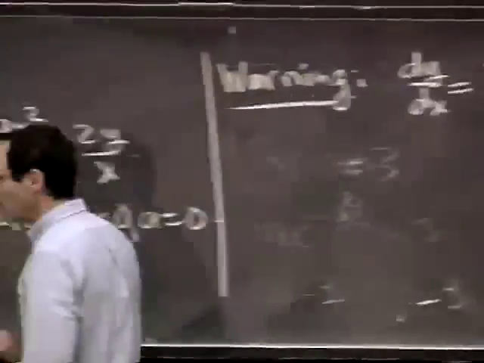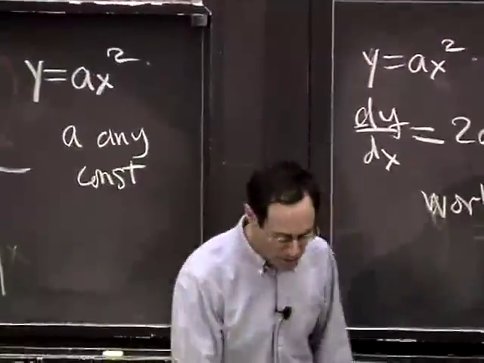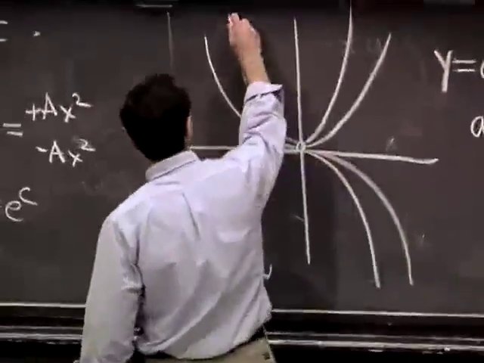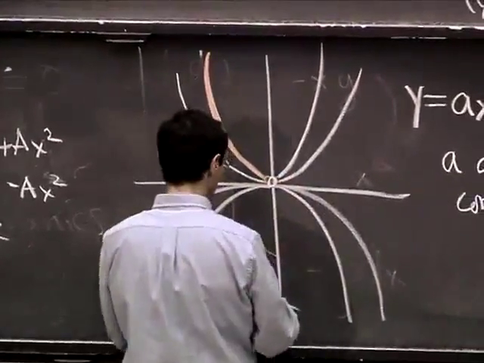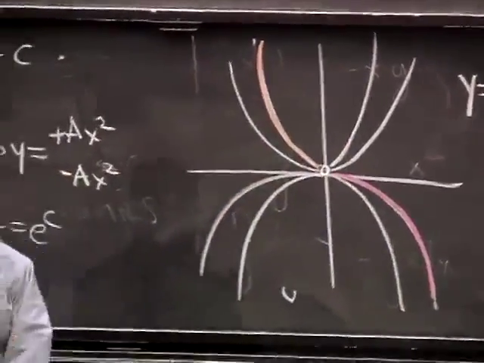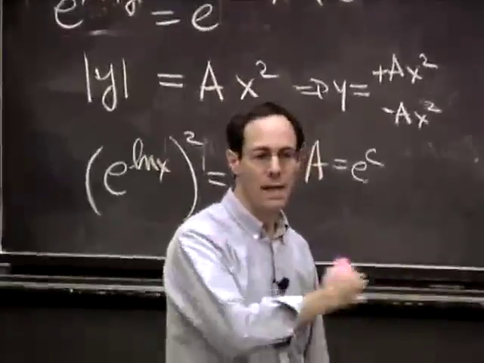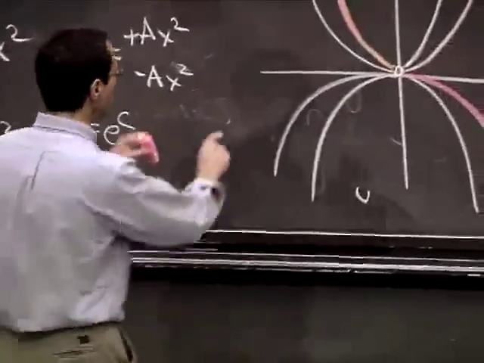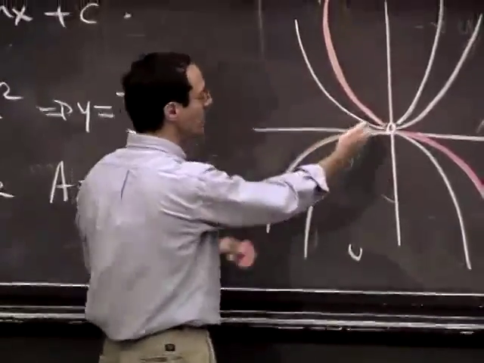So there's a problem here, and in fact, if you think carefully about what this function is doing, it could come in on one branch and leave on a completely different branch. It doesn't really have to obey any rule across x equals 0. So you should really be thinking of these things as rays emanating from the origin.